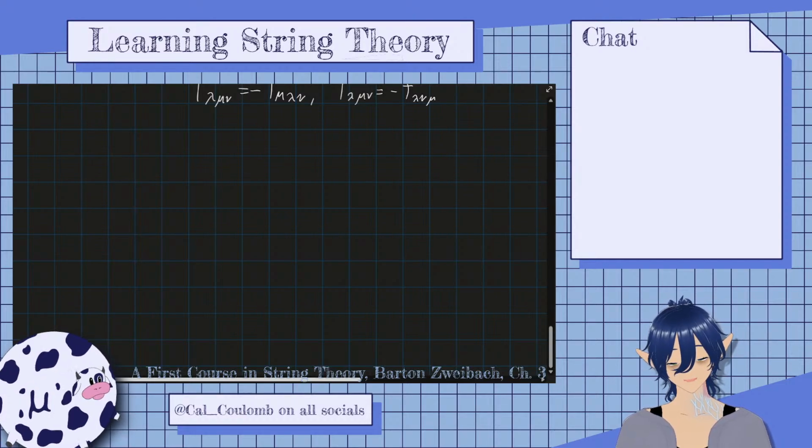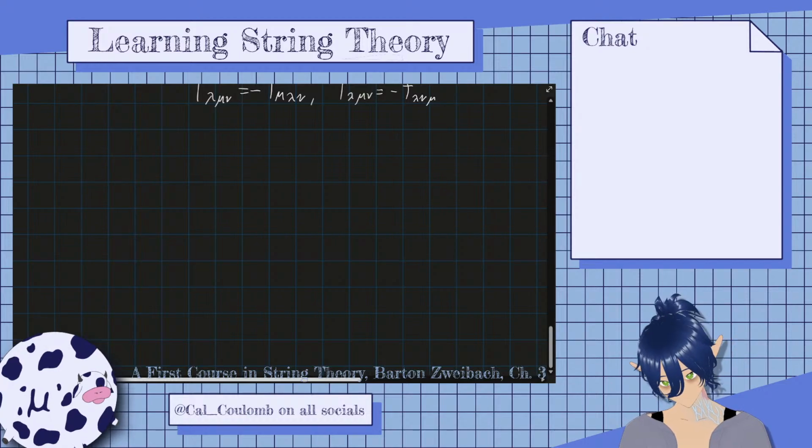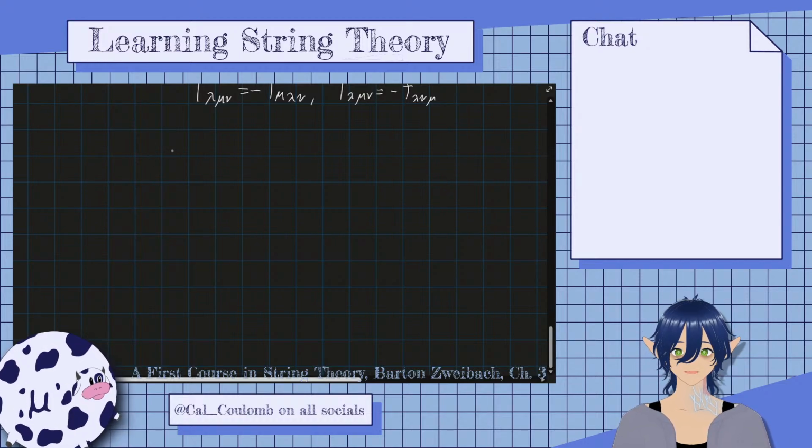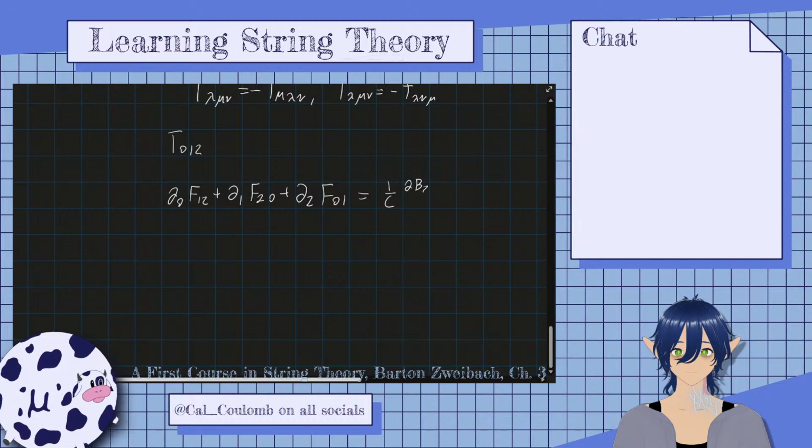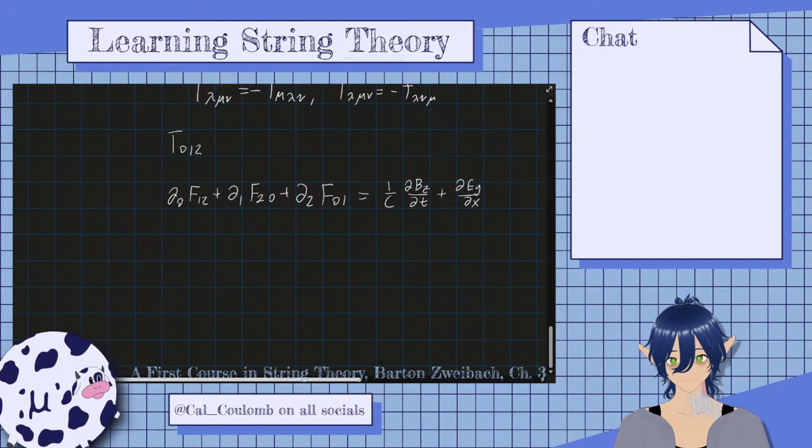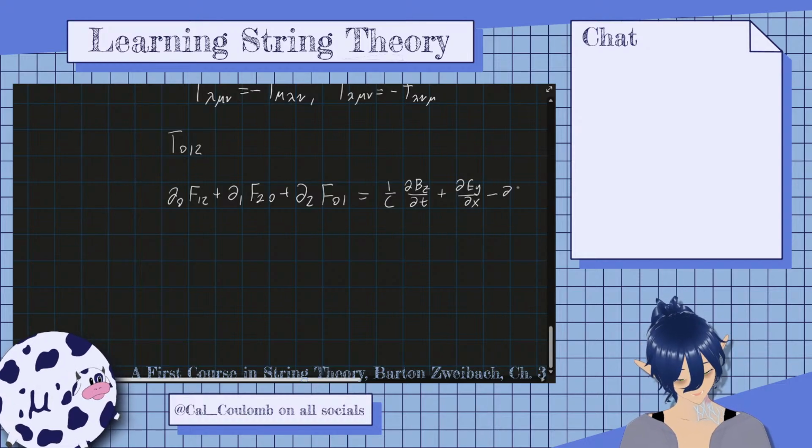The vanishing of T012, for example, gives us, so this is for T012, partial 0 F12 plus partial 1 F20 plus partial 2 F01, which is 1 over c partial Bz over partial t plus partial Ey over partial x minus partial Ex over partial y.